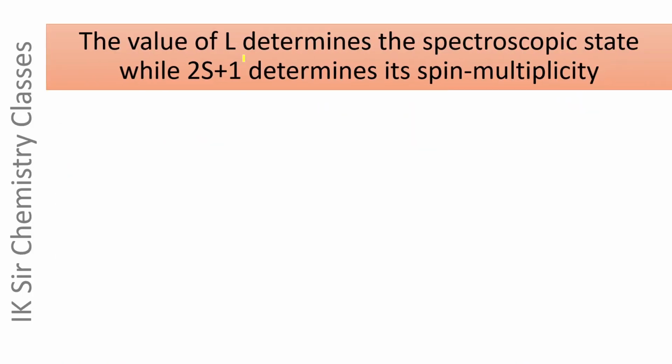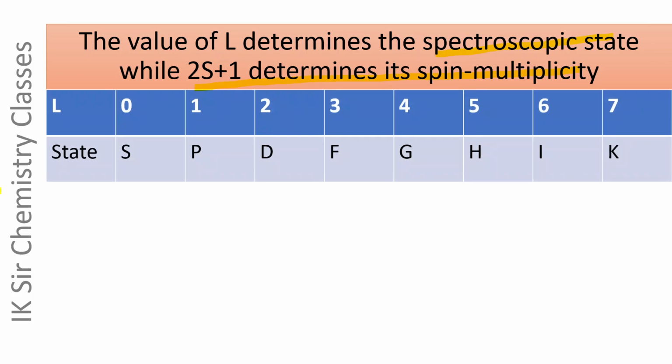The value of L determines the spectroscopic state, while 2S+1 determines its spin multiplicity. The value of L may be 0, 1, 2, 3, 4, 5, 6, 7 and so on. It is a whole number.